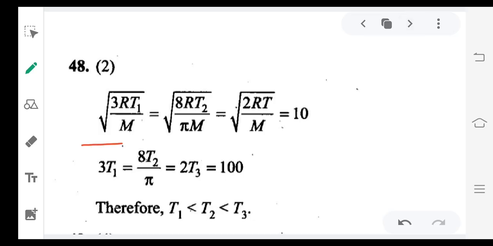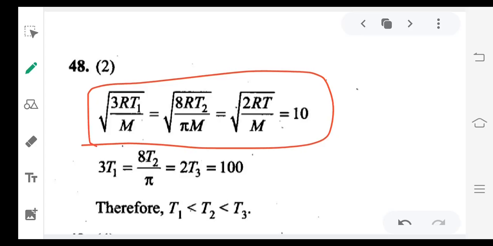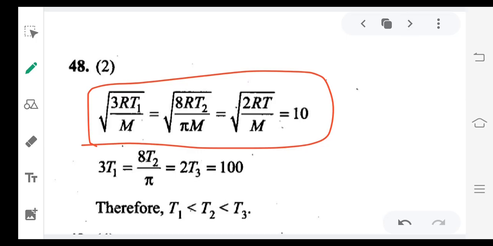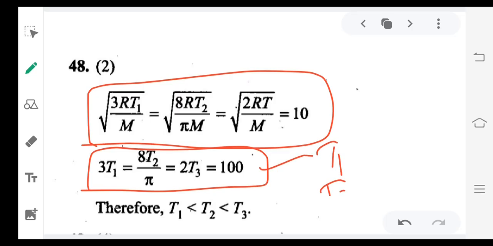According to the given information, all these velocities equal 10. We know the M value and R value. They gave oxygen gas only, so M is the same, R is the same. So you can write 3T1 equals 8T2 by pi equals 2T3 equals 100. From this equation you can calculate T1, T2, T3, and if you compare, you will get the answer T1 less than T2 less than T3.